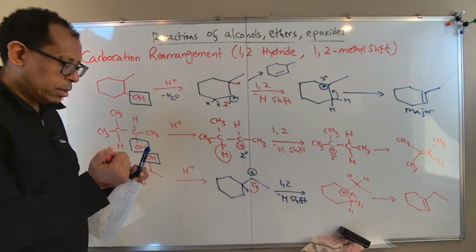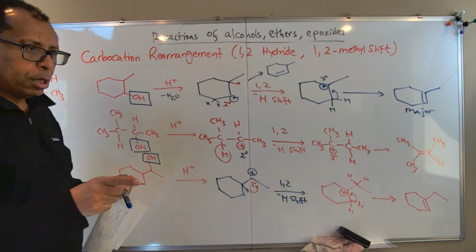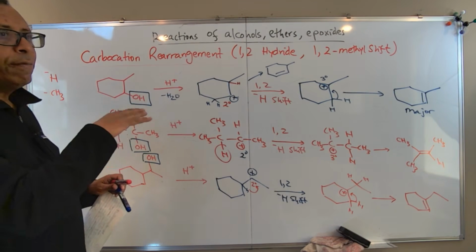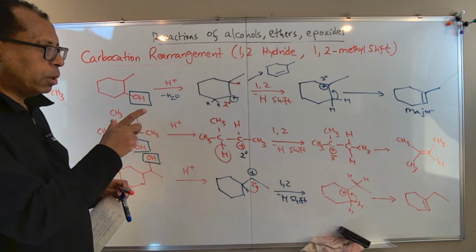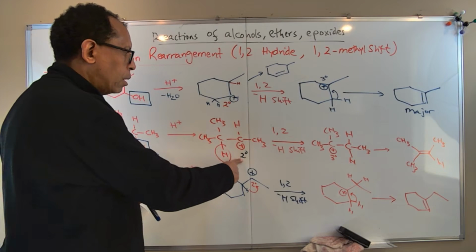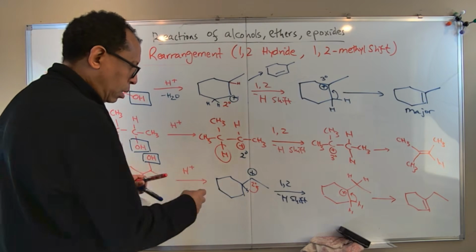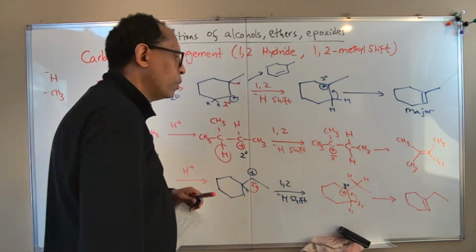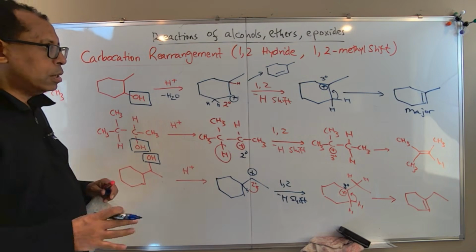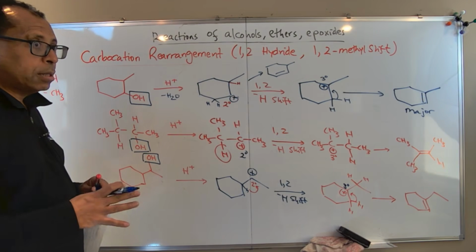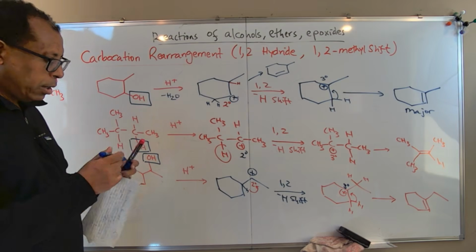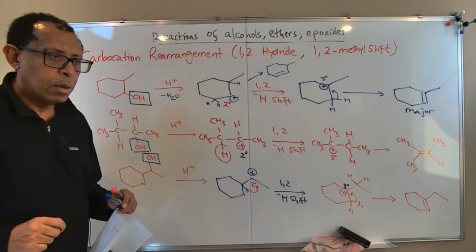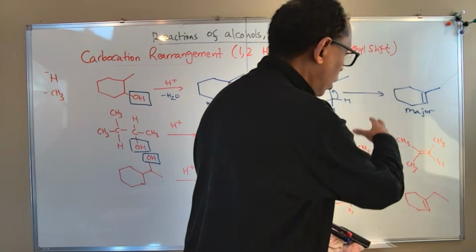Whenever there is carbocation formation, make sure that the carbocation is derived from a very stable carbocation, not from the secondary. Here we made a tertiary carbocation. So always recognize whether there is a carbocation rearrangement or not in a reaction, so that you could justify what kind of product you get as a major product.